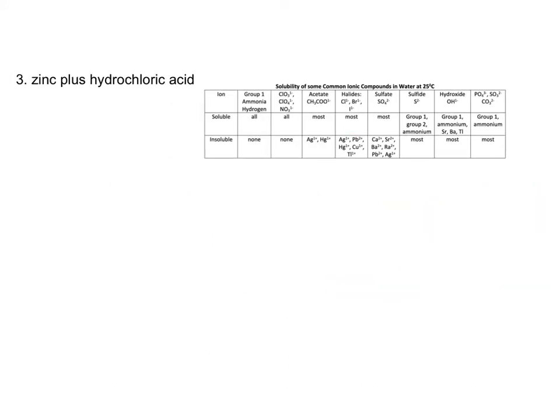Let's see, I think we have one more. Zinc plus hydrochloric acid. So this is a single replacement. I have zinc, which is a solid, and I have hydrochloric acid, which is an aqueous solution.